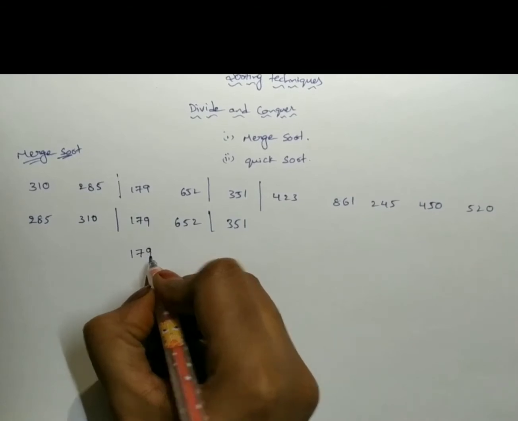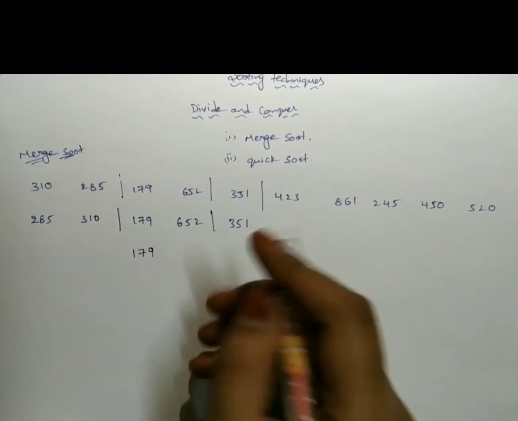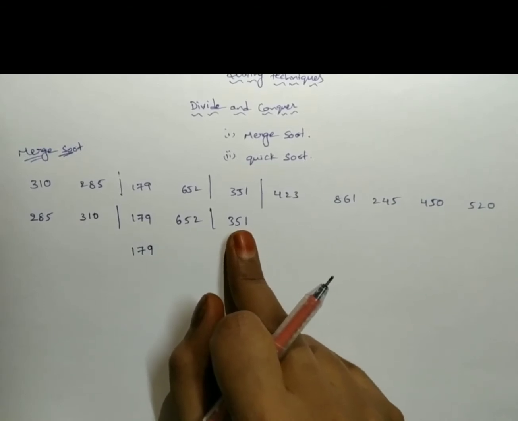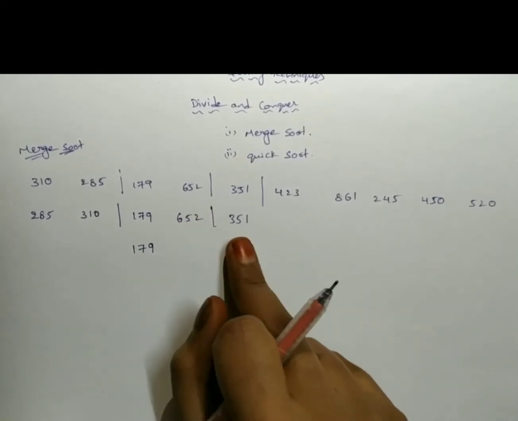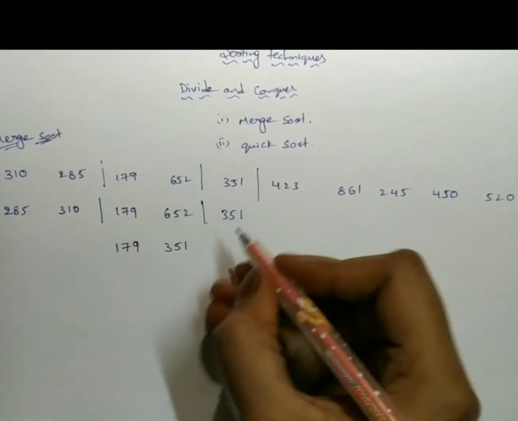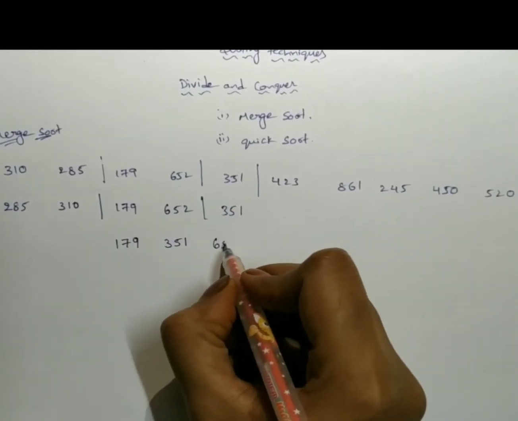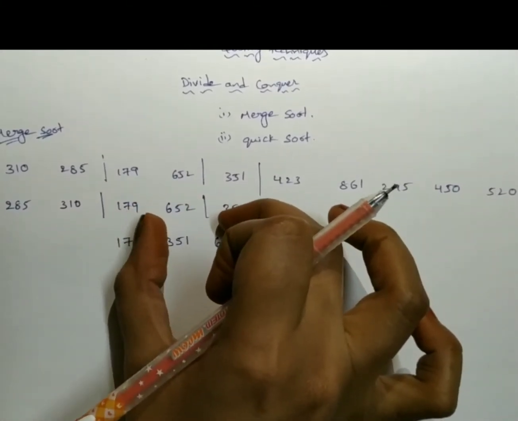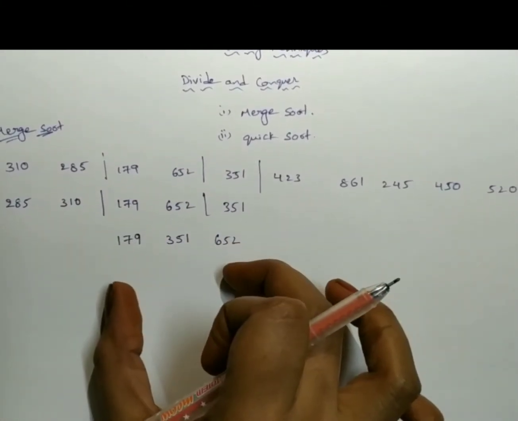I am taking the 179 element as it is. Now 652 will be compared with 351. 652 is greater than 351. 652 is replaced with 351 and 351 is replaced with 652. Okay, these two sublists are merged into a single list.